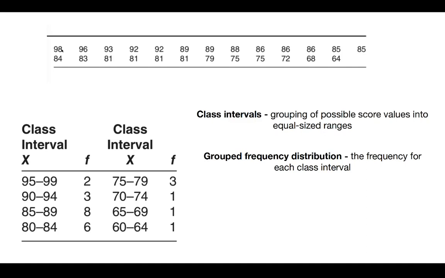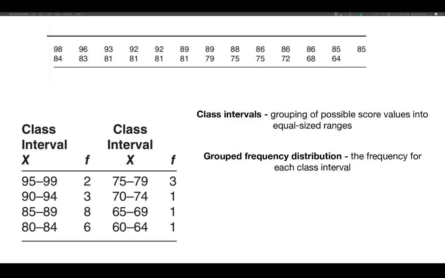this grouped frequency distribution becomes even more informative when scores are grouped this way than using a simple frequency distribution. As an example, in describing the construction of a grouped frequency distribution, we may focus on just one class interval in this example table.